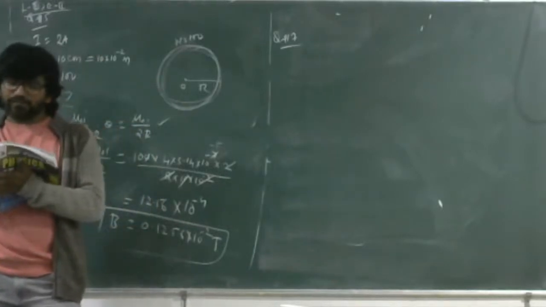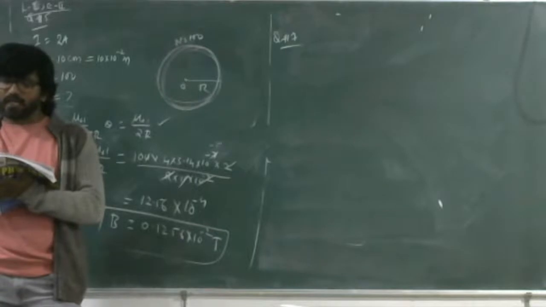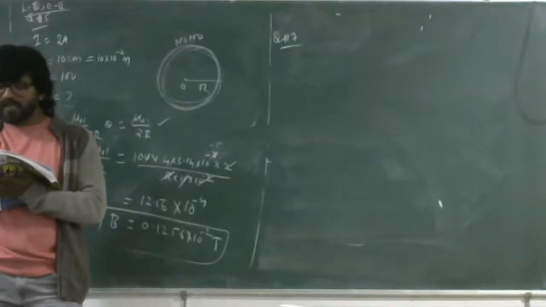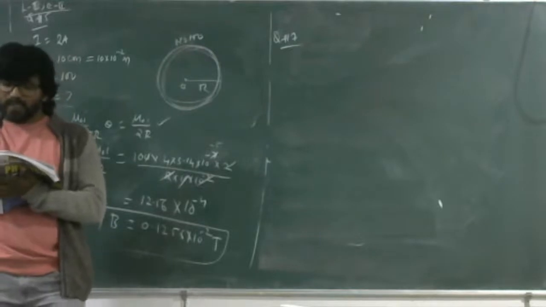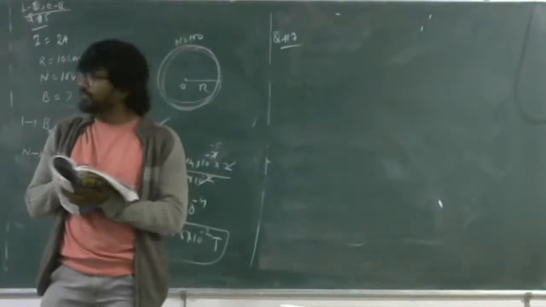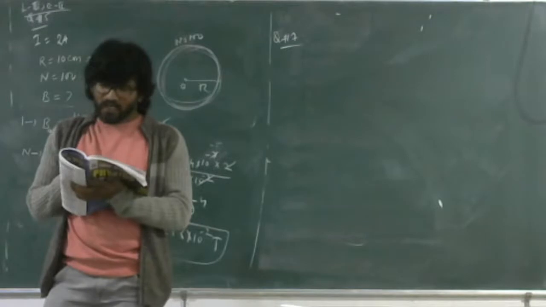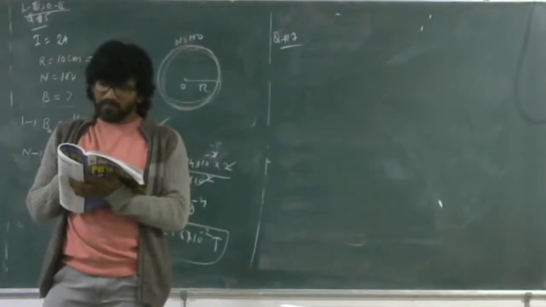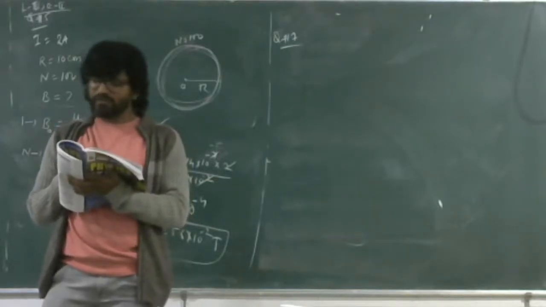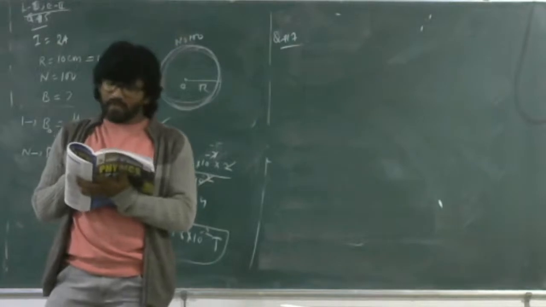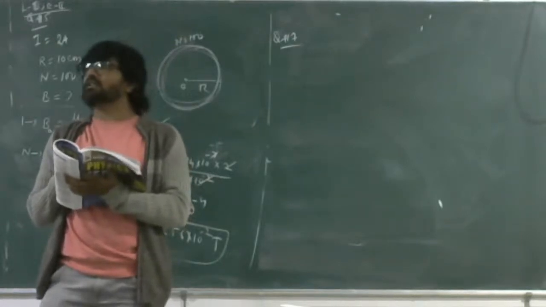The question is: two coils A and B having radii in the ratio 1 is to 2, carrying currents in the ratio 5 is to 1, and having the number of turns in the ratio 1 is to 5. The ratio of magnetic inductions at their centers is?